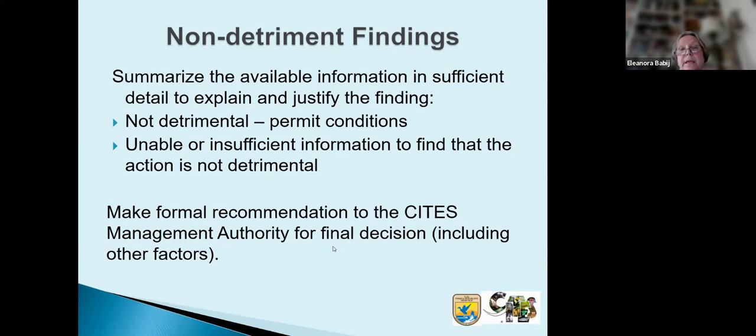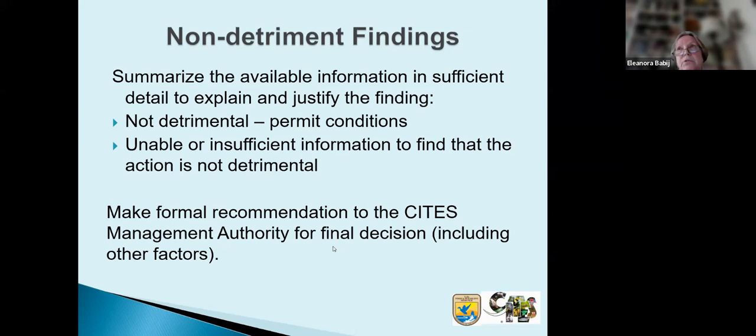The other thing is that we're unable to come to non-detriment because of something that is of concern. But also, if the application or the information that we have is insufficient, we're not able to come to a finding that it's not detrimental just because we don't have the information to get to that point.